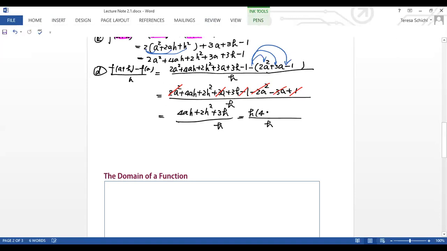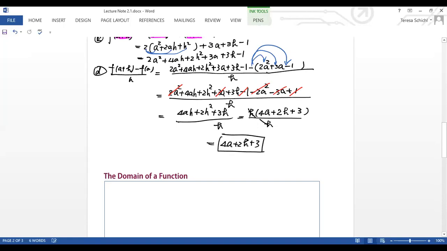This will give me 4a. The next term will give you 2h. The last term will give you 3. Okay, beautiful. h cancels. So your answer is 4a plus 2h plus 3.